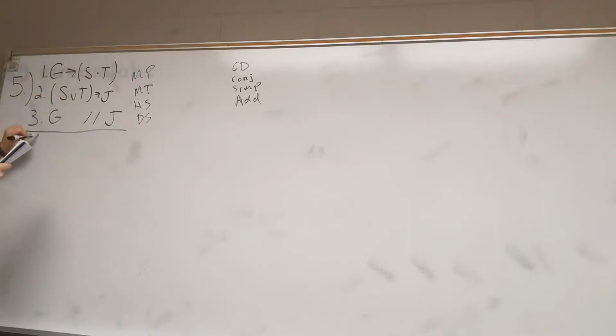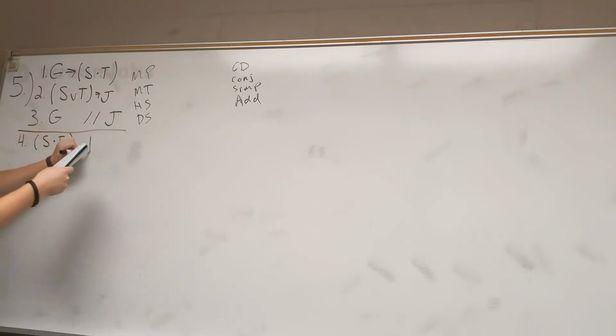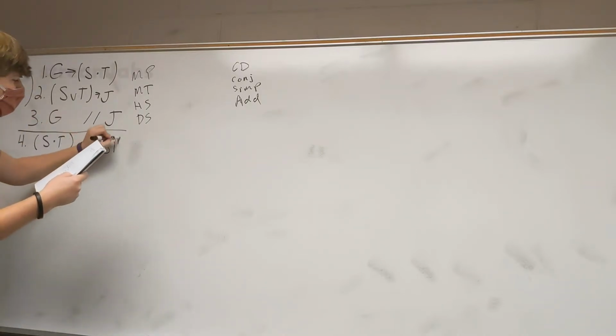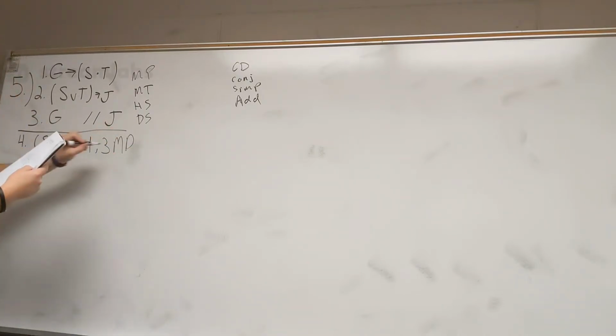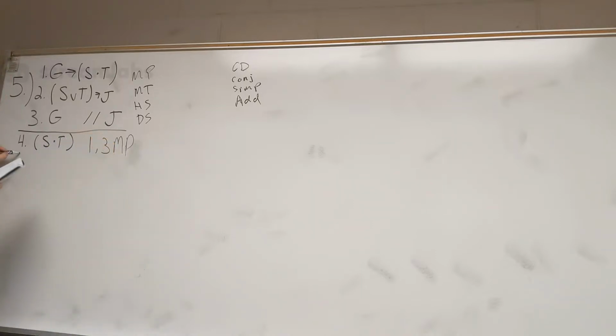So what I wrote: first we have S and T. That's 1 and 3, modus ponens. And this is the part where I figured, for the sake of we just learn these rules, I'll be real specific with it.